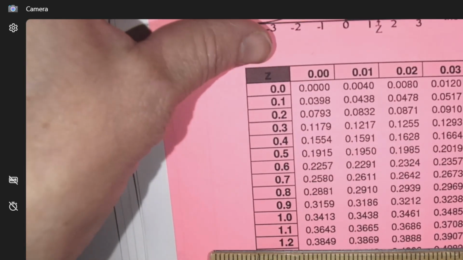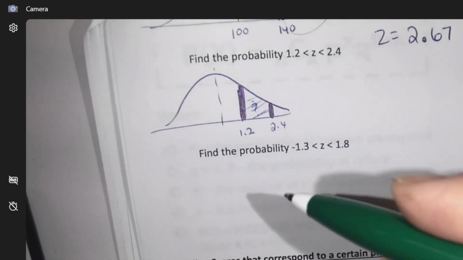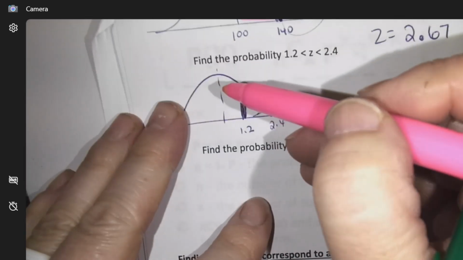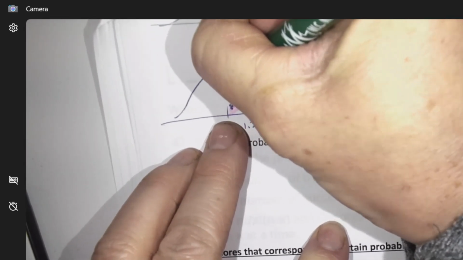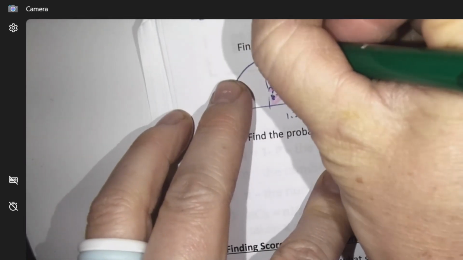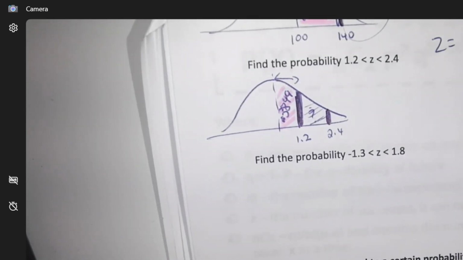Everybody's good with that one? So that is 3849. This is the percent in that zone.